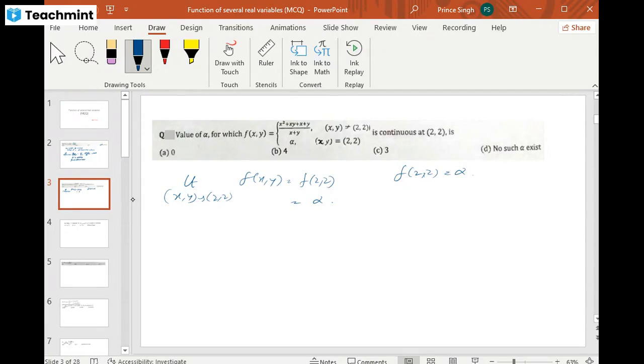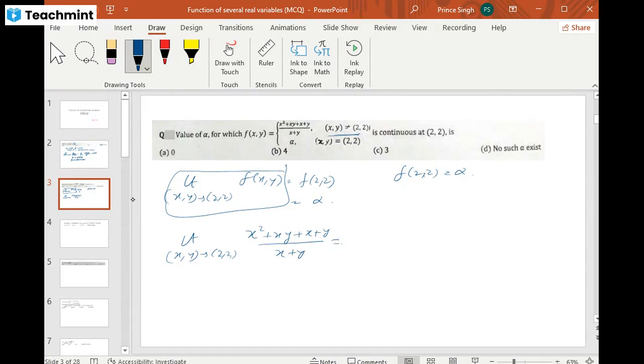So to get the value of alpha, we simply need to find out the limit of this function. To calculate the limit of the function, whenever we choose the value of the function in the neighborhood of a point, we are considering this particular region, and x is not equal to 2, y is not equal to 2. So your function is x square plus xy plus x plus y upon x plus y.